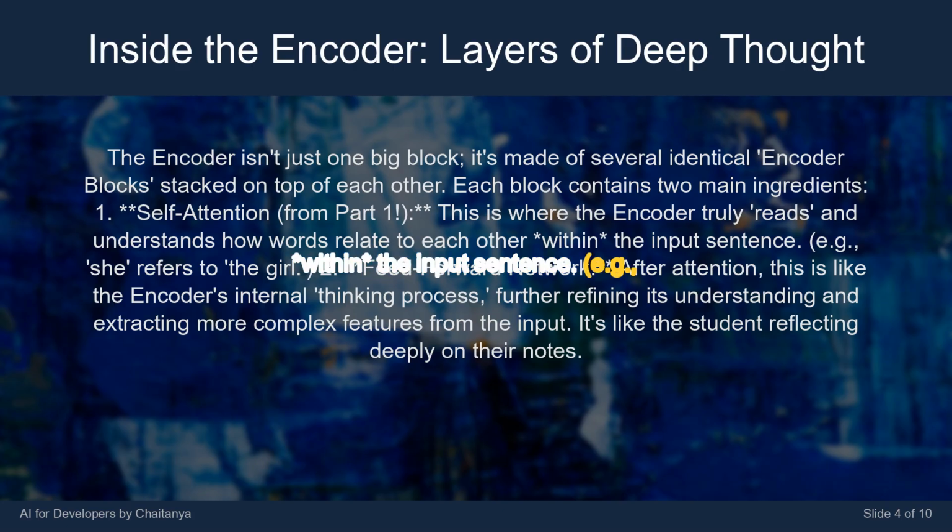E.g., she refers to the girl. 2. Feed-forward network. After attention, this is like the encoder's internal thinking process, further refining its understanding and extracting more complex features from the input. It's like the student reflecting deeply on their notes.